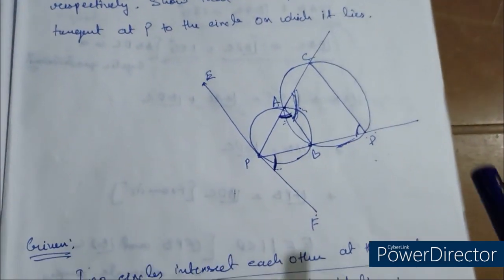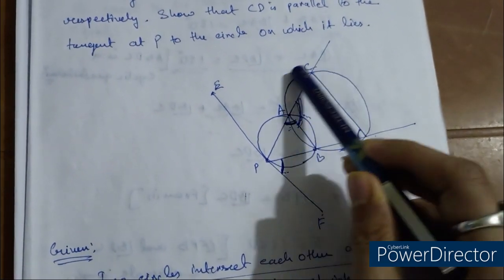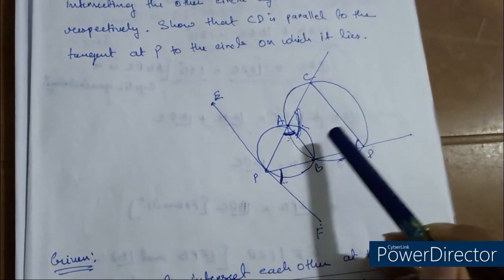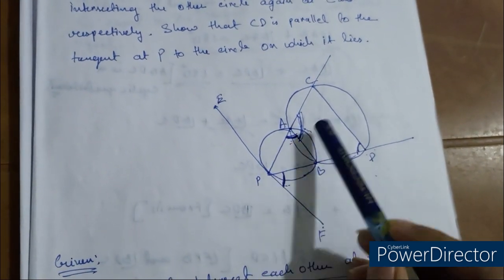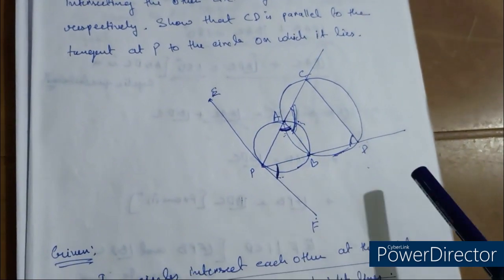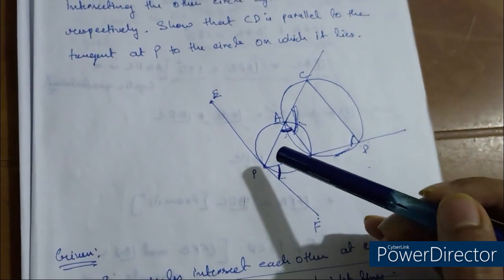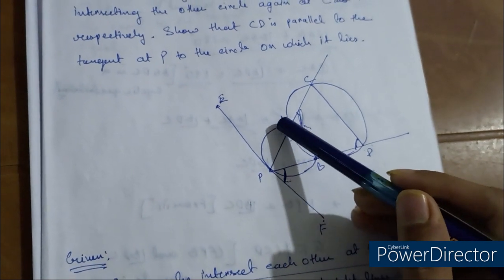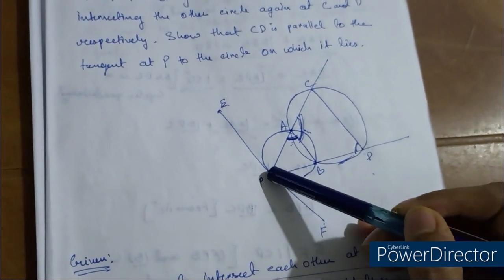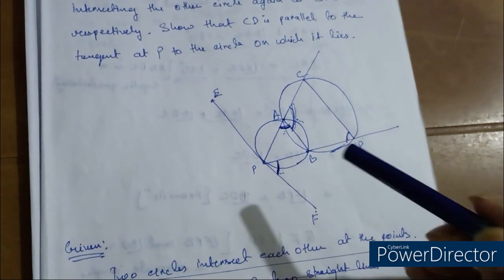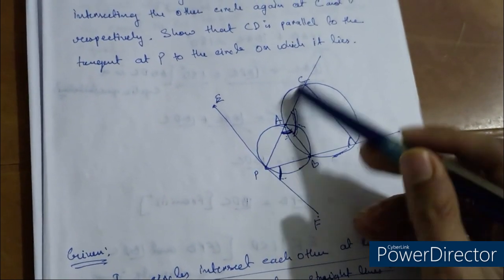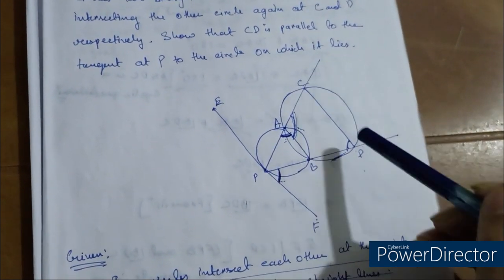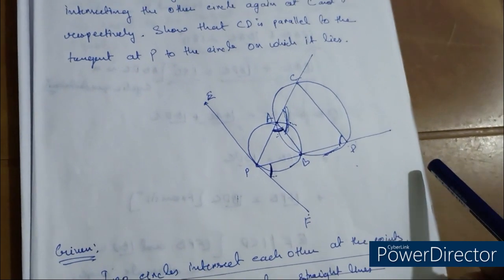This is the diagram. So in here you see two circles. This is the smaller circle, the circle on the left, and the bigger circle, the circle on the right. These two circles intersect each other at points A and B. Now point P is on the left circle, and through this point two lines are drawn which intersect the circle on the right at C and D respectively.